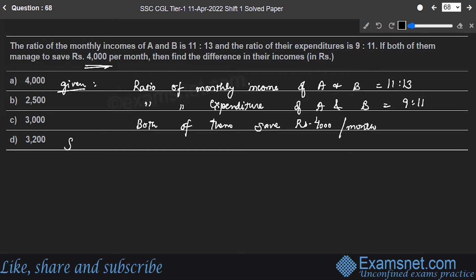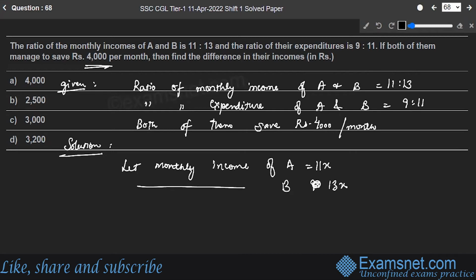Let's go with the solution part now. So in this, first of all, let the monthly income of A be equal to 11x and B be equal to 13x. Right?